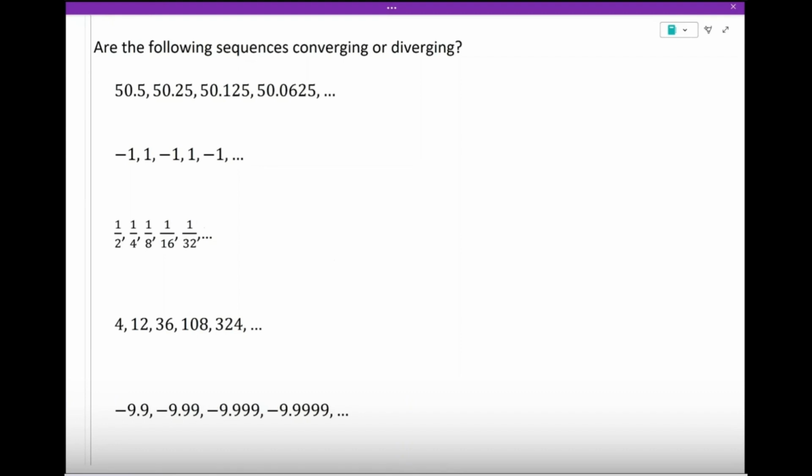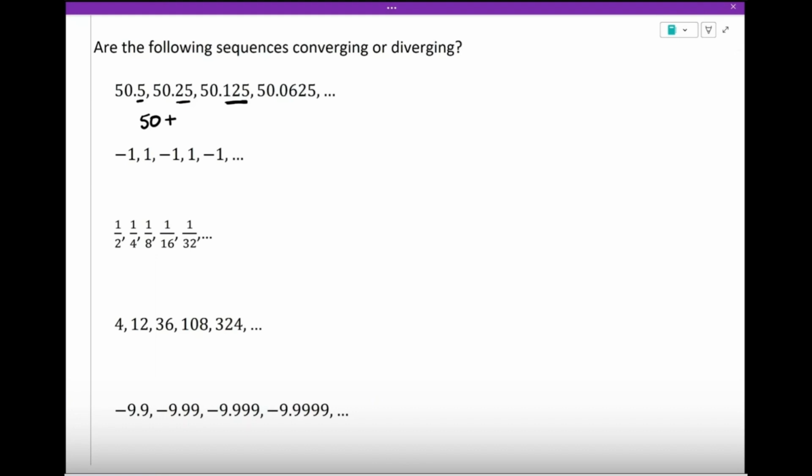So we have some sequences here, and you need to decide whether they're converging or diverging. You might want to pause the video and have a go. If we have a look at the first one, we've got 50.5, 50.25 and 50.125. The 50 is the same throughout. The thing that seems to be changing is the decimal places: 0.5, then 0.25, 0.125. So the decimal places are dividing by 2 each time. One way of thinking about this sequence is we're doing 50 plus a smaller and smaller value each time, and that value seems to be halving.